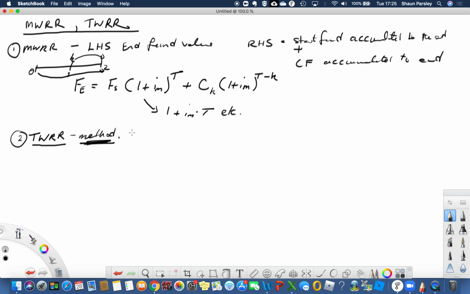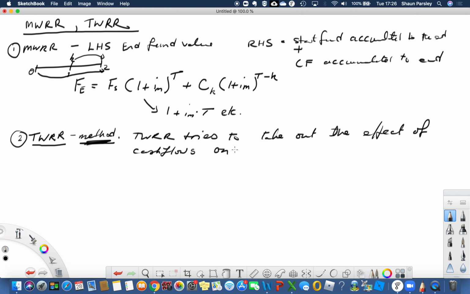So what do we try to do? TWRR tries to take out the effect of cash flows and the timing of cash flows on performance. When you look at the formulas, you see a series of ratios. I'm just going to draw it like this at the moment.